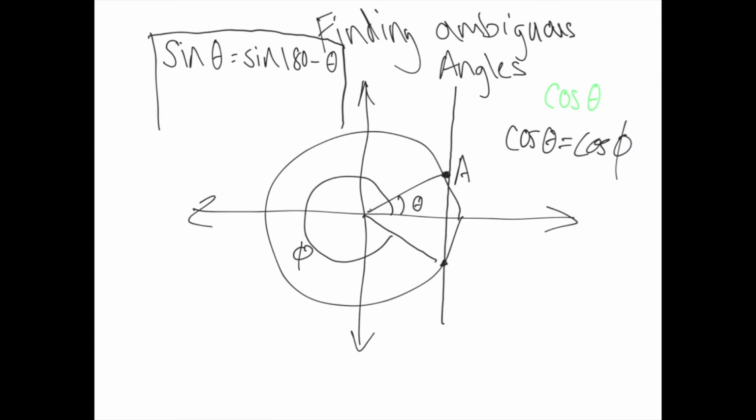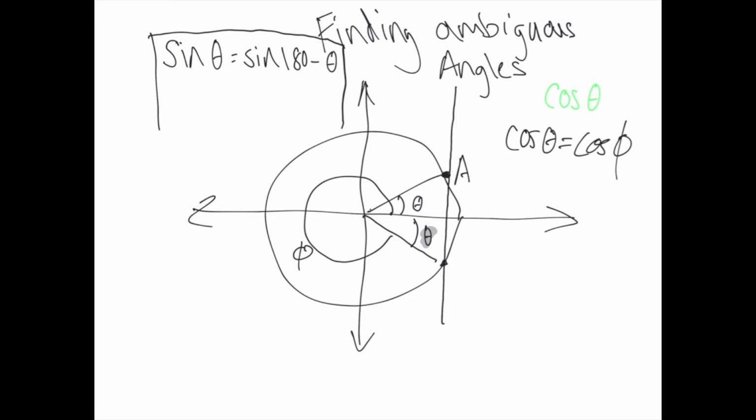Okay, so what can we observe to find what the value of phi must be? Well, we can observe that this is a reflection on the x-axis, right? So this angle from here to here is also going to be theta. So what does that tell us? That tells us that phi goes all the way from 0 degrees all the way around to 360 minus this theta.